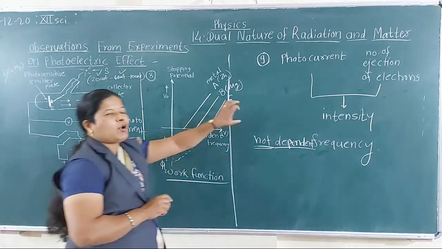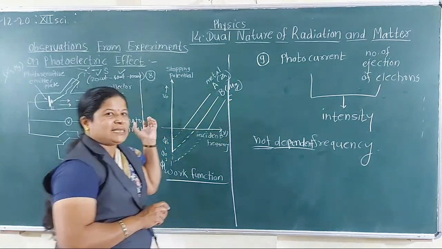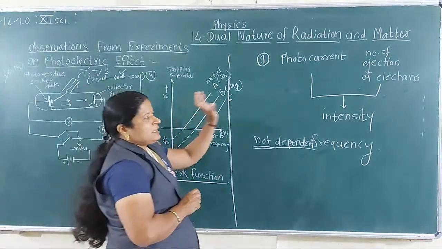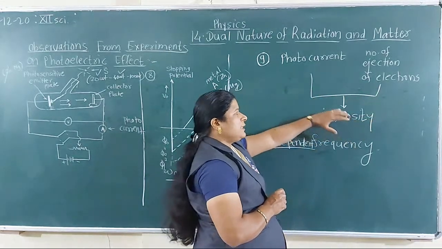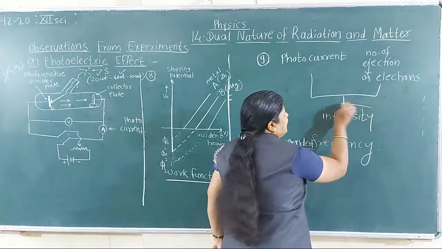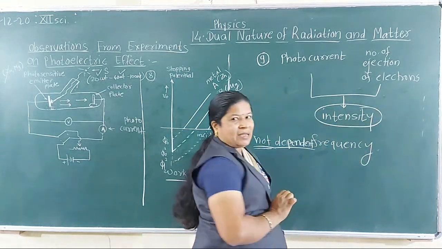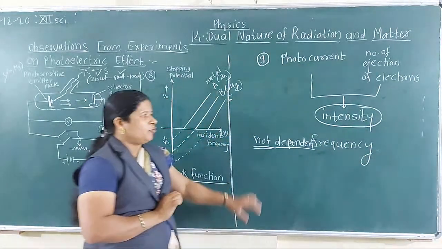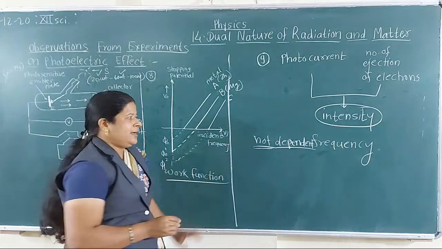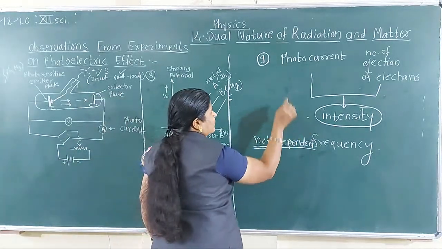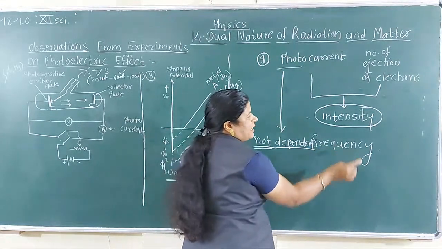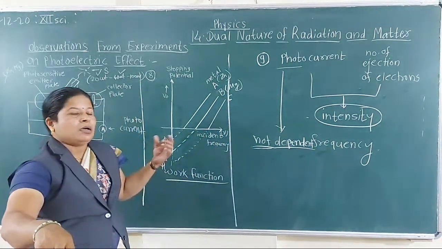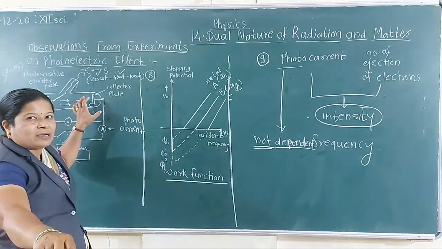So this is the important observation of this experiment: the number of ejected electrons depends on the intensity of the monochromatic source which we use, and this photoelectric current does not depend on the frequency of the electromagnetic radiation.